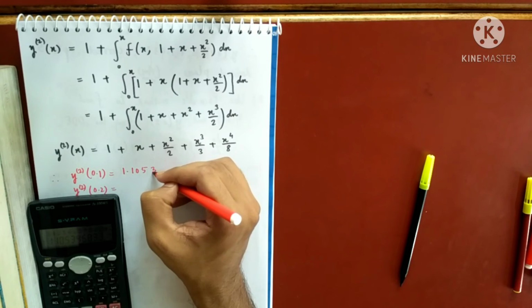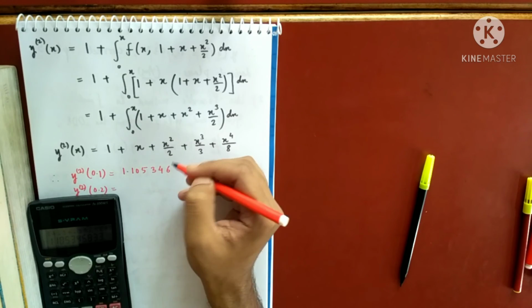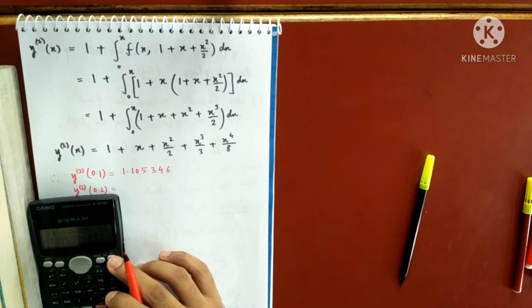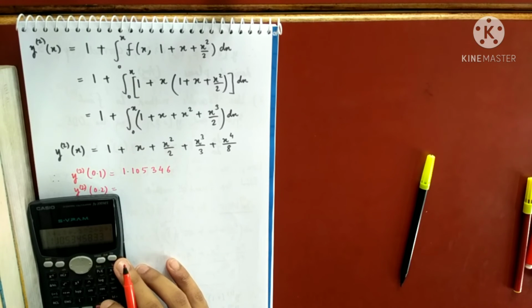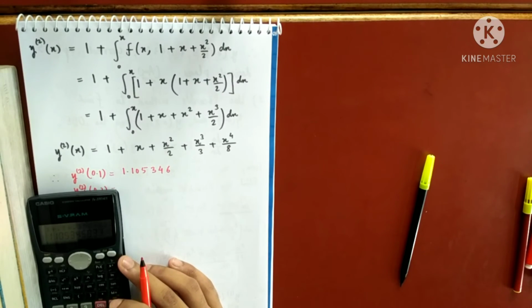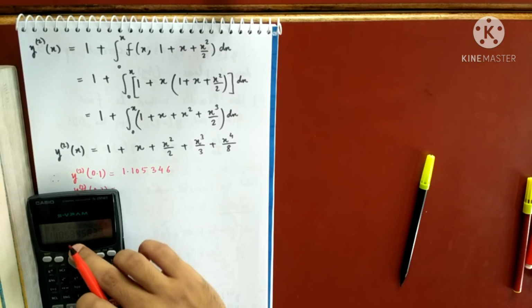So what am I getting? 1.105346. Suppose I am taking up to 6 decimal places; that will be better for us.